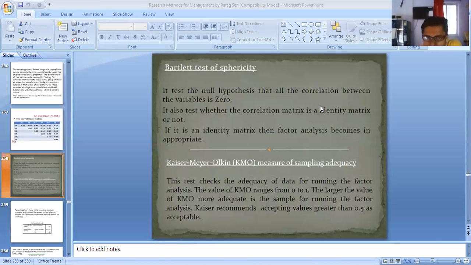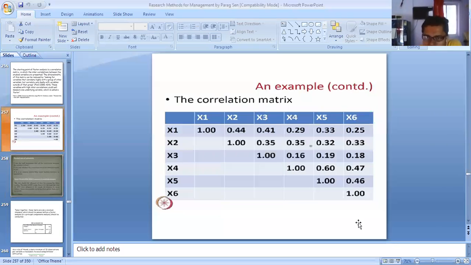First, let me tell you what an identity matrix is. In an identity matrix, all the diagonal elements are 1, but all the off-diagonal elements are 0.